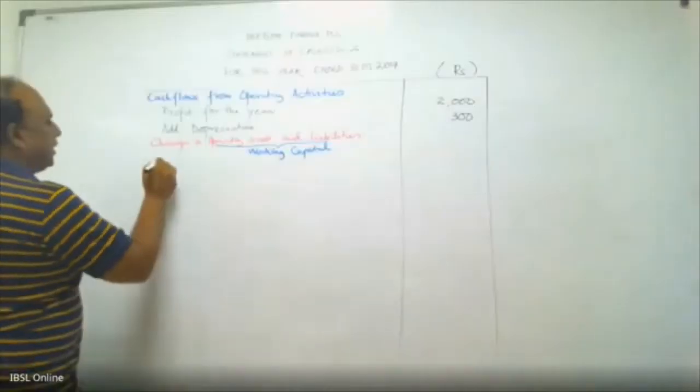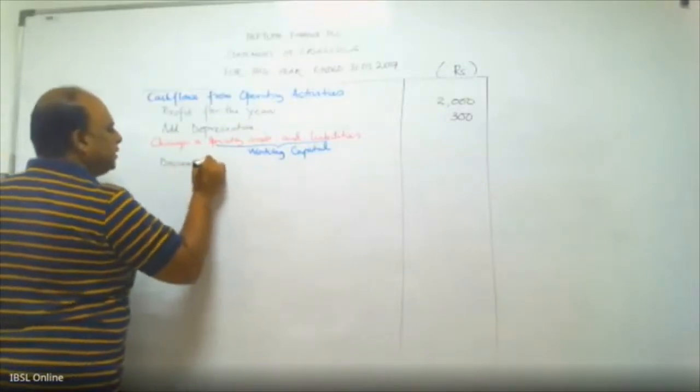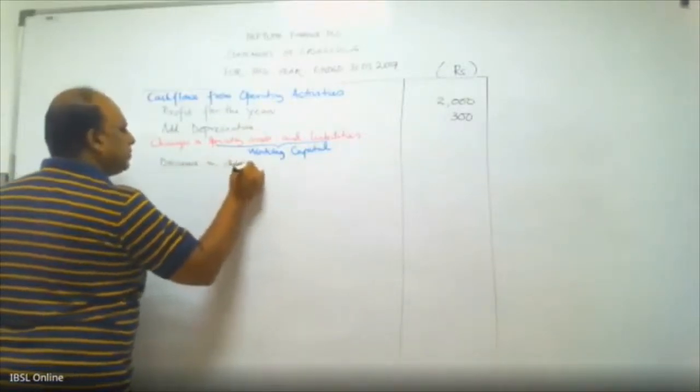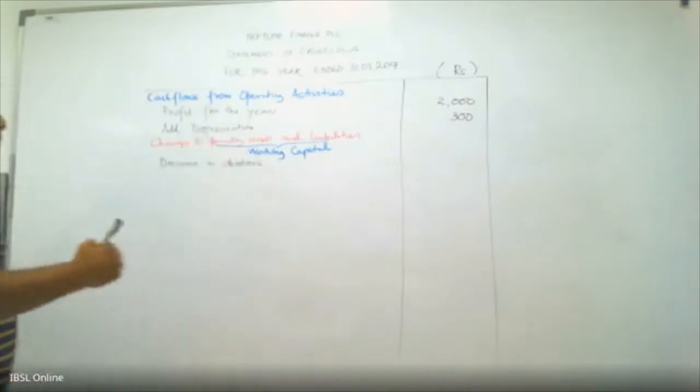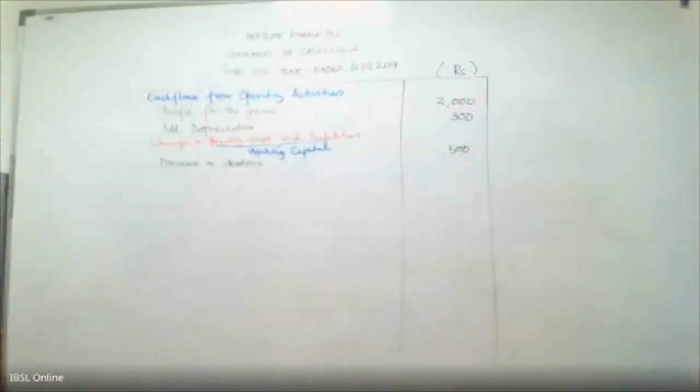So decrease in debtors. When the debtors come down, cash inflow or outflow? Inflow. So that is a 500 inflow. Right? So you have to take the difference between the two balance sheets. Then the next one. So whatever the items that we take, we have to mark off those.